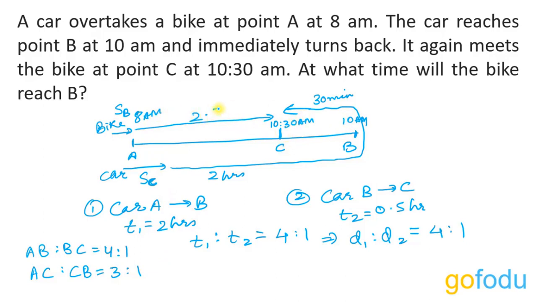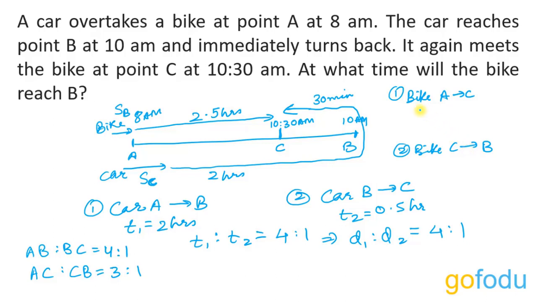So let's calculate the time the bike is going to take to travel from C to B. Again, the bike is running at a constant speed from A to C and from C to B. In both cases, the speed of the bike is constant, so time would be directly proportional to distance.